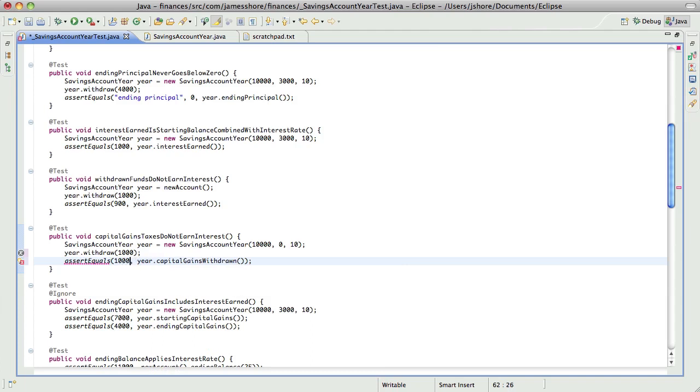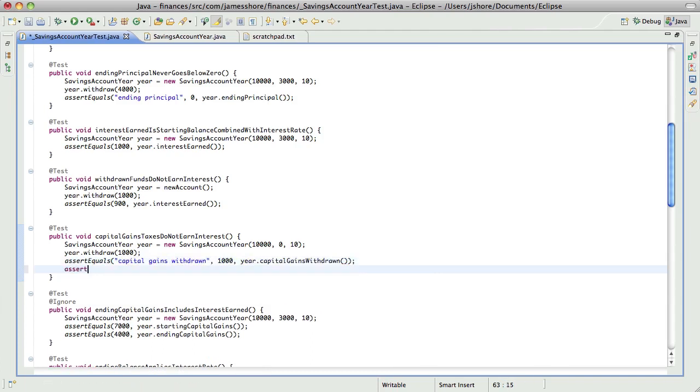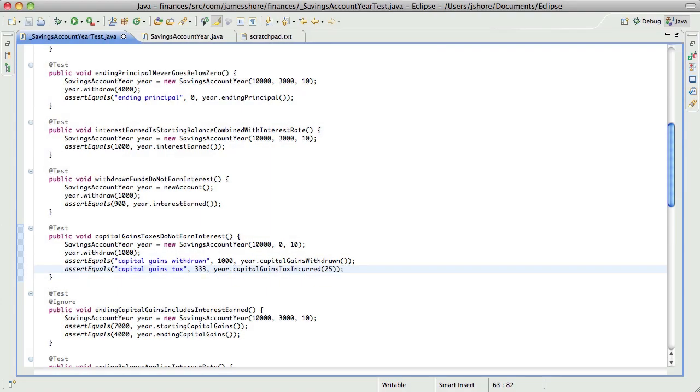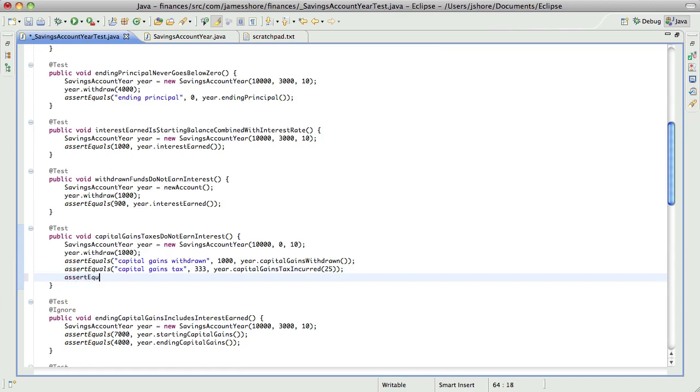And I'm just putting this in to actually make the test more readable. Gains withdrawn is going to be 1,000, which means that the capital gains tax should be 111. At interest rate of 25, so actually what is that? 1,000 divided by 0.75, 303. And so the total withdrawn, which we actually haven't calculated yet, should be 1,233.